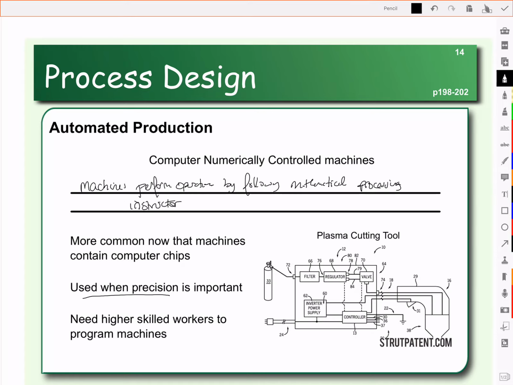If we're going to have a changeover, and so change from producing one model of car to another, then we need someone to program that in so that the machines know that the pieces they're holding are a slightly different size, or they need to cut something slightly different. So we now need some higher skilled workers.